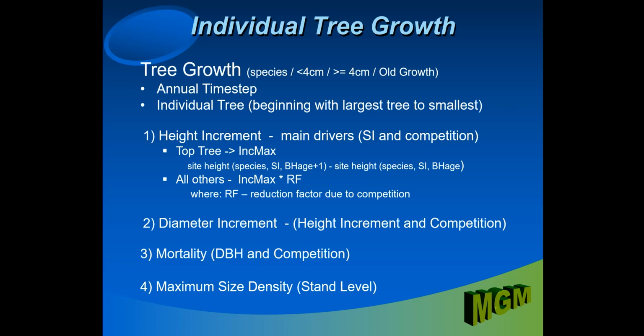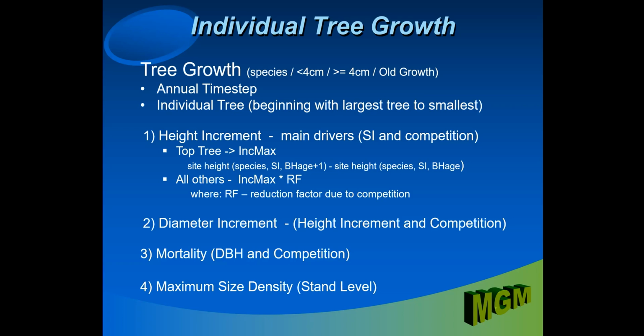It's an annual time step. So MGM grows annually, although we report either on every 5-year interval or every 10-year interval when we use it to build something like a yield curve. Now, the individual tree list in MGM is sorted from largest to smallest by DBH, and this is important because of the way MGM works.